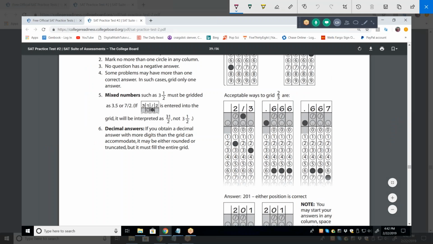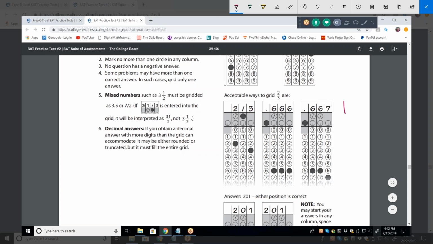You notice down here where it says 201? Either position is correct. I can use the last 3 columns or the first 3. Okay. But when I look at this 2/3, 0.666 is correct, 0.667 is correct.